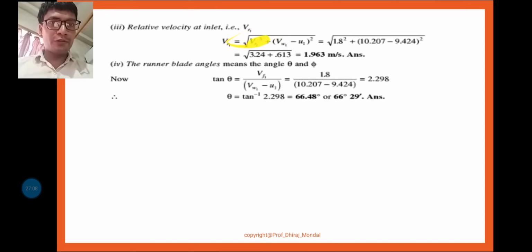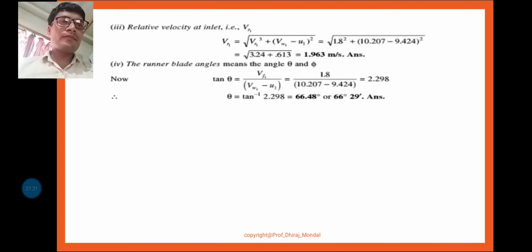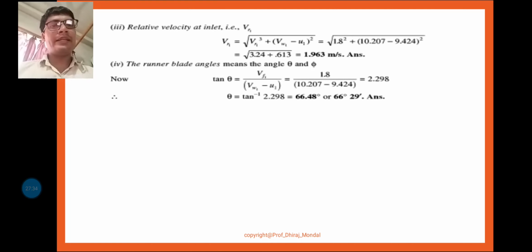This should be square, not cube, a printing mistake. After solving, Vr1 is 1.963 meter per second, that is your relative velocity at inlet.